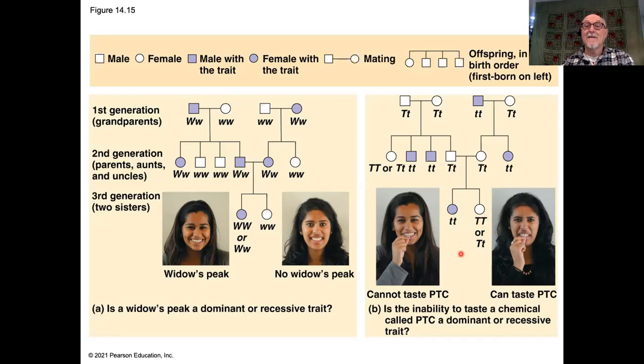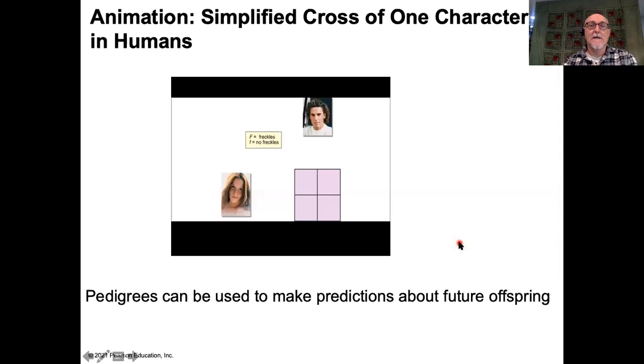So the inability to taste is the recessive trait there. So that's the way that you do it. You look at all of the ancestry as far back as you can go, see who has it and who doesn't, and you can begin to work out the pattern of its inheritance.